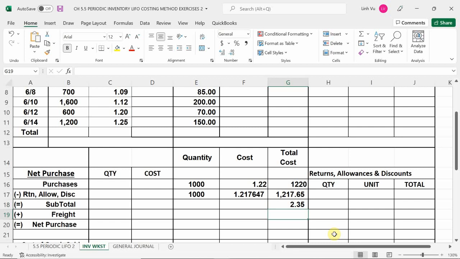Whereas if you choose to not round till the end, this calculation right here is actually a little more accurate. It gives you every single penny. It gives you the most accurate information if you choose to not round until the end.